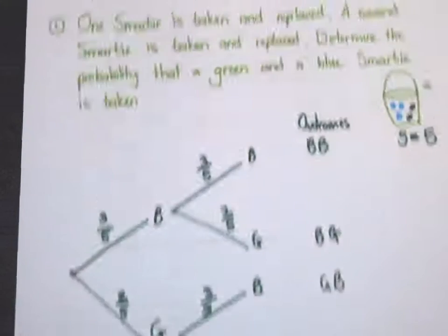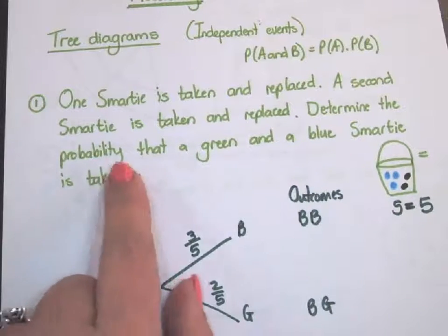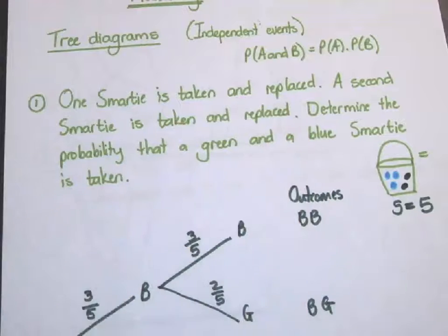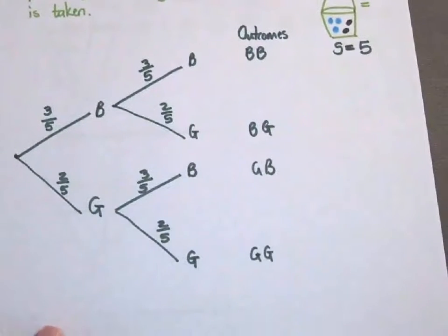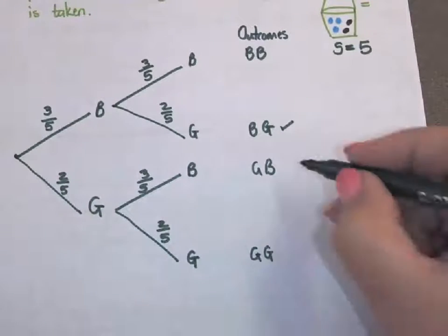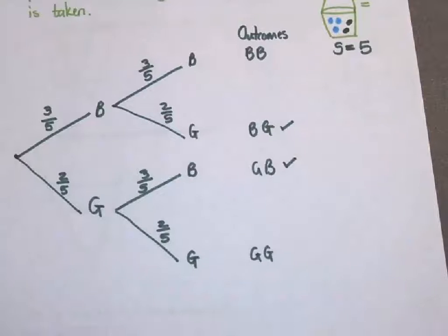Now they ask, what is the probability that a green and a blue Smartie is taken? So you look at your outcomes. We are looking for green and blue. There's one, and there is one. So we have 2.